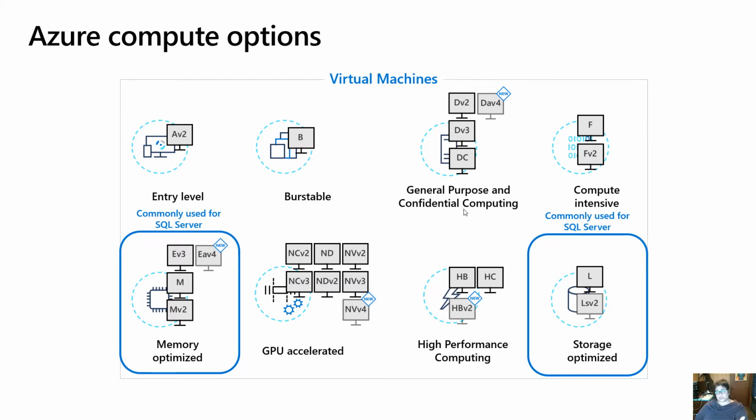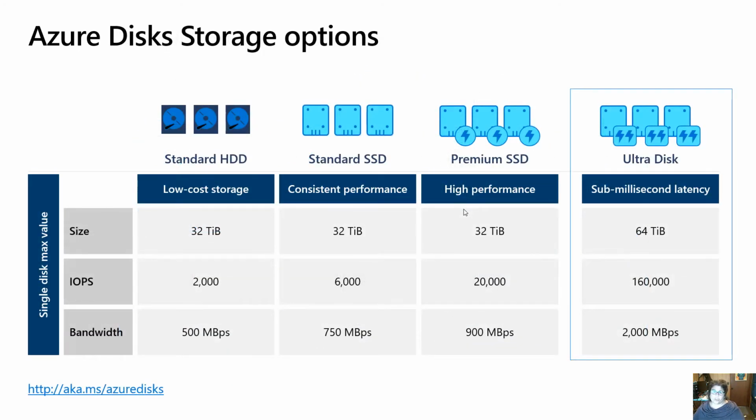Okay, so once you choose your compute option, your VM size, then you'll have to look into storage. Generally for SQL Server, we recommend either Premium or Ultra. A couple of reasons for that. These are going to be the closest to what you're probably leveraging on-prem as far as IOPS and throughput capacity, as well as latency. But also, you will find with SQL Server that caching is incredibly important.